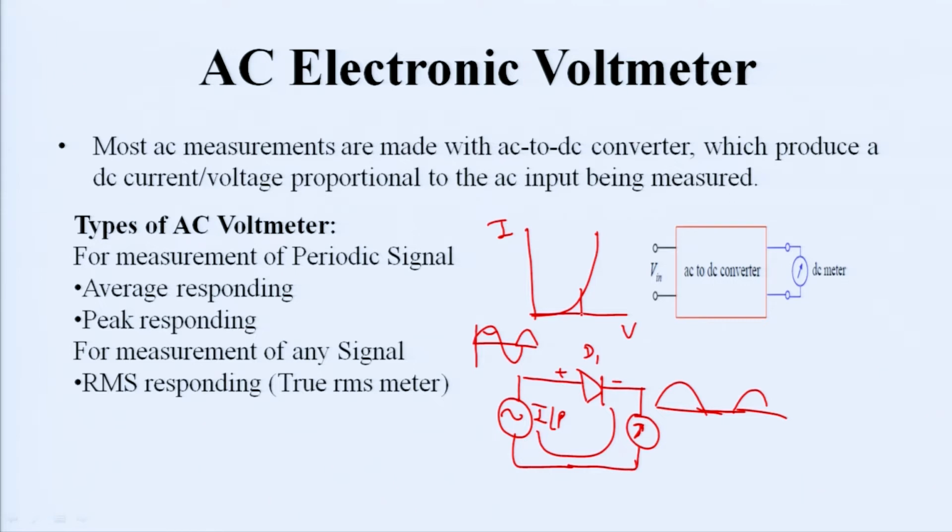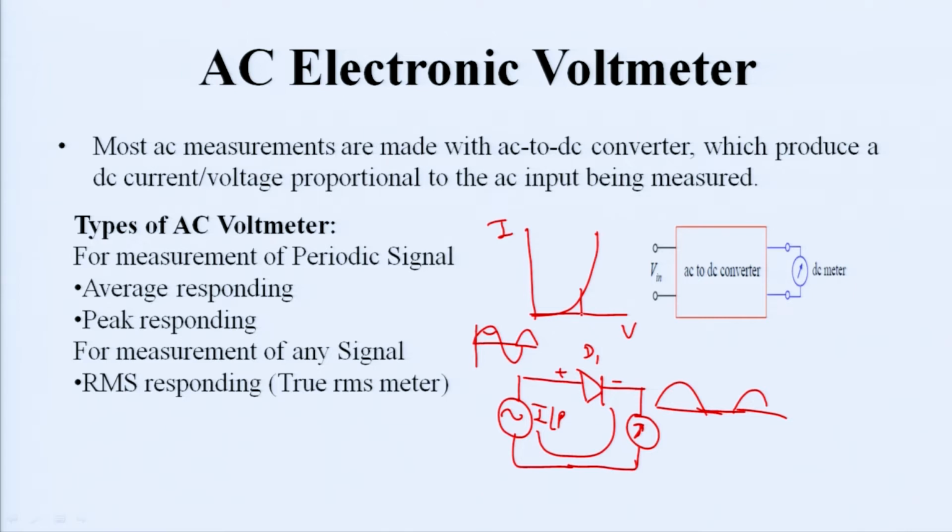Because of this non-linear behavior of the diode, this meter will not show a correct, accurate value, but it will show some different value. So, we have to remove this non-linearity of the diode.